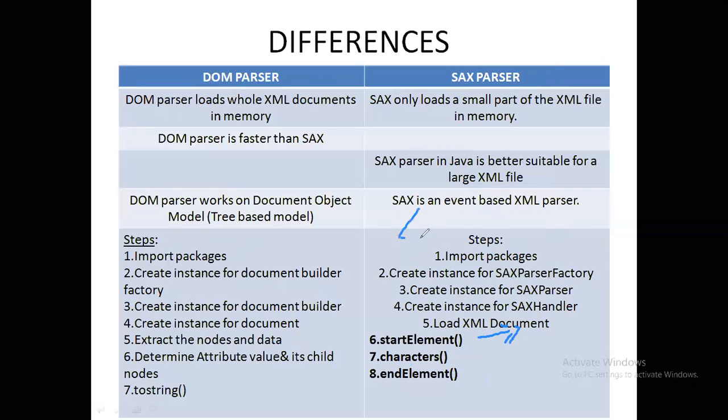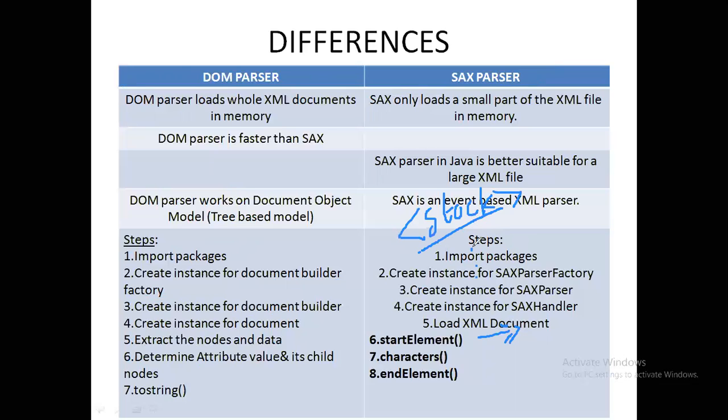For example, stock is an element name. So in order to encounter the starting tag of the element, we can use the start element event. After that, we can have some text.